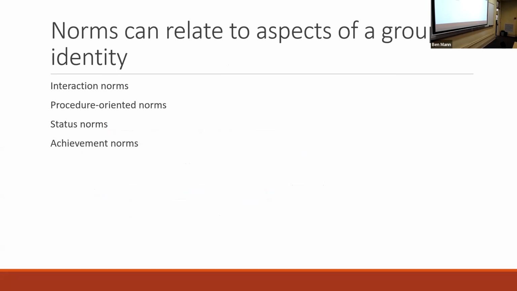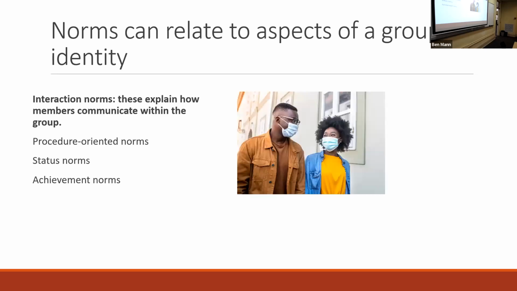So we can look at these norms as they relate to 4 different categories. We'll be talking a little bit more about each of these and asking you to think about some of these too. The first are interaction norms. A good example is going back to COVID-19.